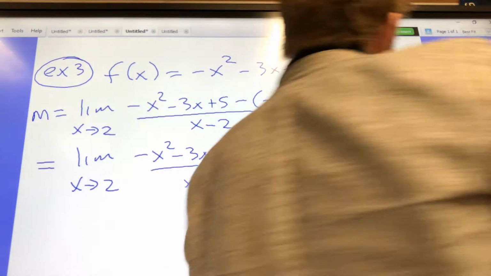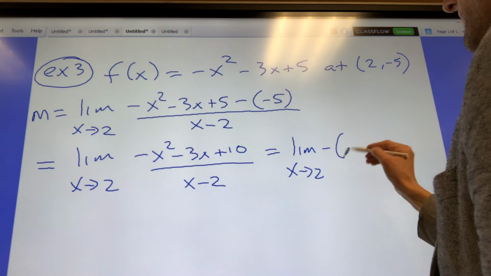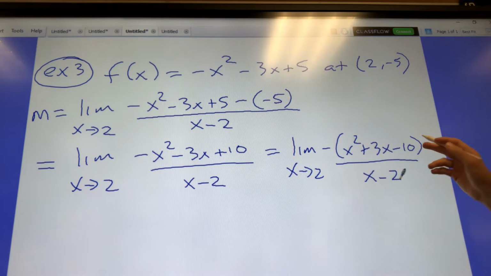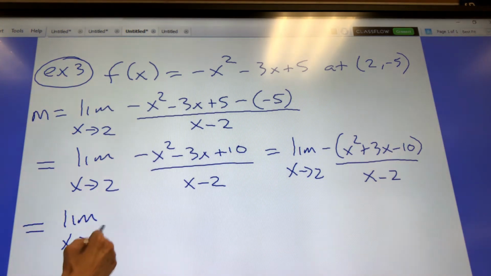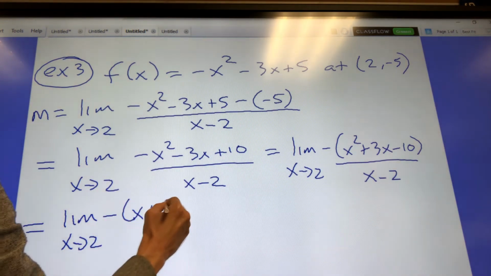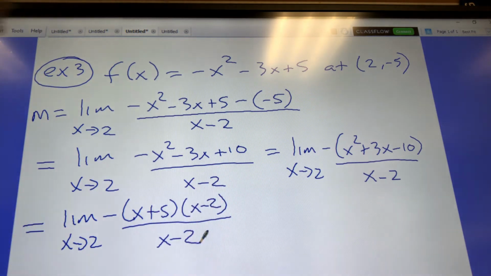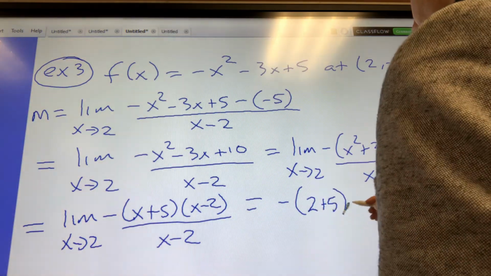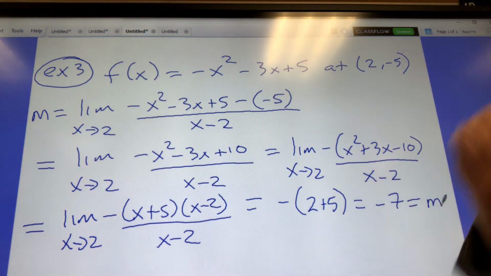Again, I want to get in the habit of factoring out the negative: x squared plus 3x minus 10, which factors nicely, x plus 5 times x minus 2. We know the x minus 2 is going to have to cancel out. The x minus 2's cancel. So the slope is going to be the opposite of 2 plus 5, which is negative 7. That is the slope.